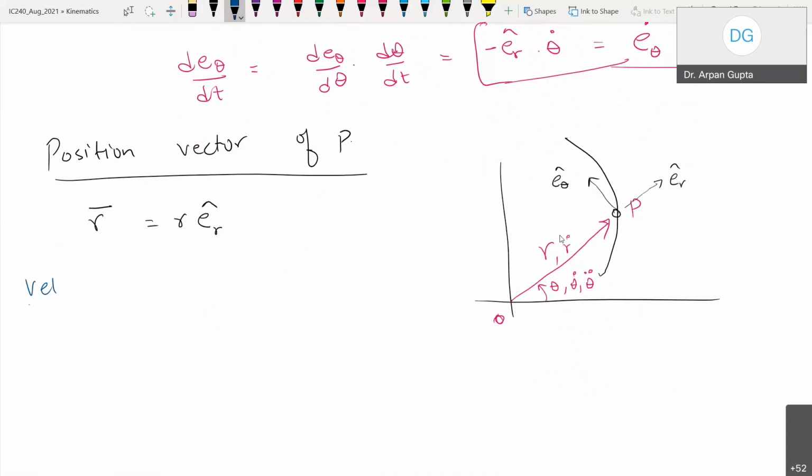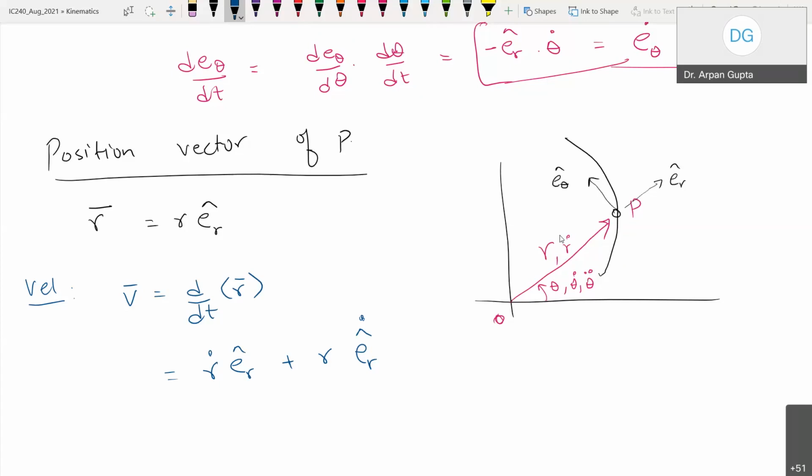Now, the next is velocity. The velocity v vector is given by d by dt of r vector. Now here, if we take the chain rule, that is r dot times e_r cap plus r times e_r cap dot. So now we have to find the time derivative of e_r cap, the radial unit vector, how it is changing.